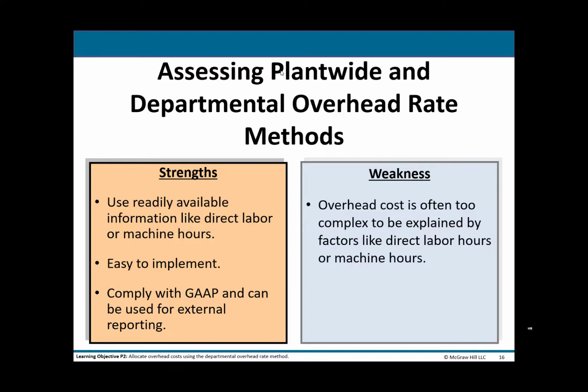However, we know this, that just because something is easiest doesn't make it best, and overhead costs can be too complex to be explained by a single factor or even dual factor like direct labor hours or machine hours.